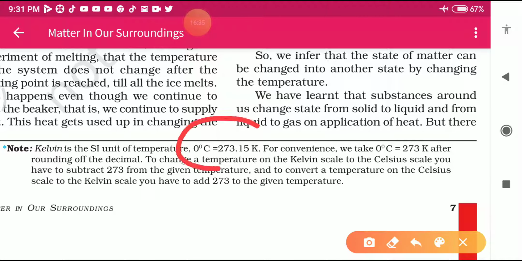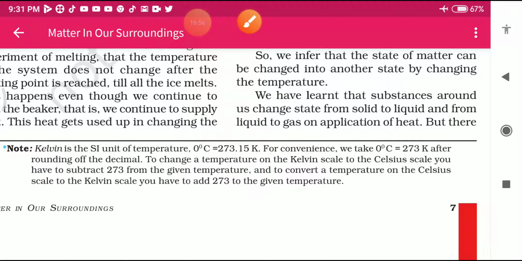Here it is talking about the melting point, because the melting point of ice is 0 degrees Celsius, and when you have to convert 0 degrees Celsius into Kelvin, you just add 273. And then it is written 273 Kelvin after rounding off the decimal.